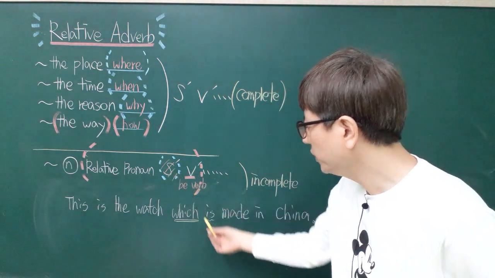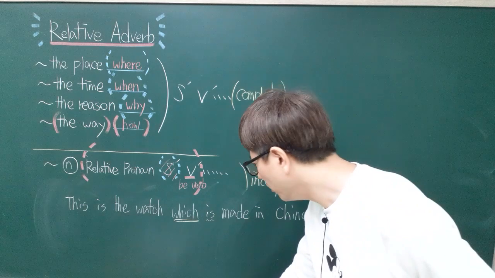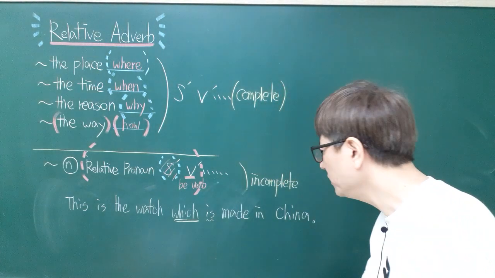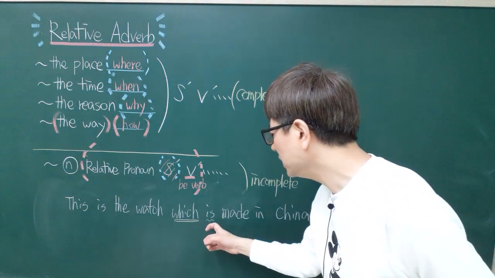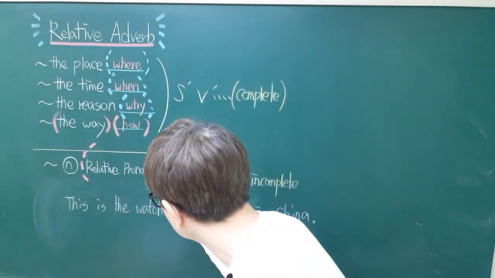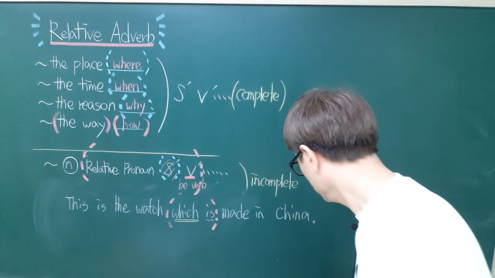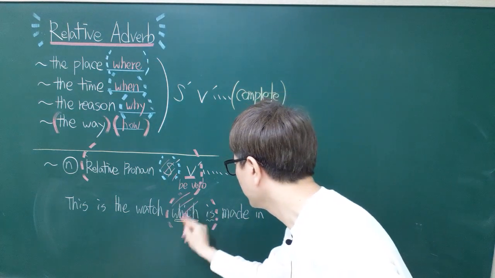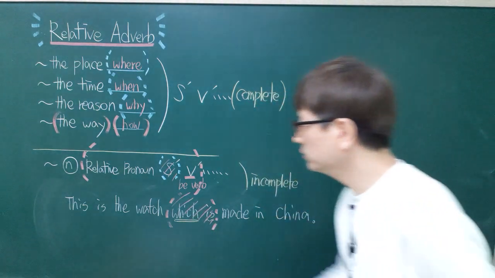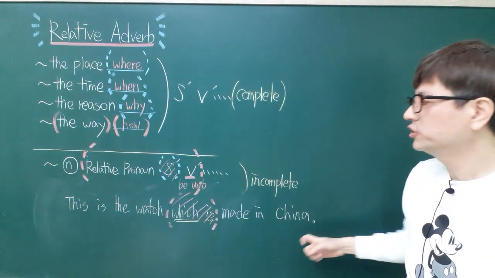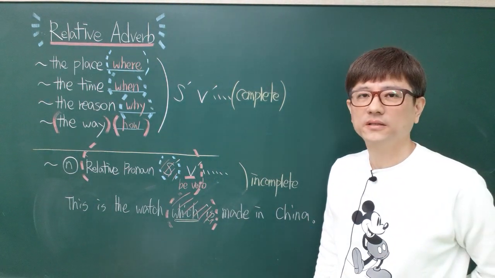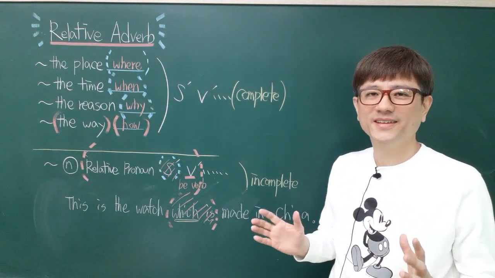There's no subject and we have a be verb. Then we can omit this relative pronoun, including the be verb, like this. So "This is the watch made in China" is a correct sentence. You know what I mean?